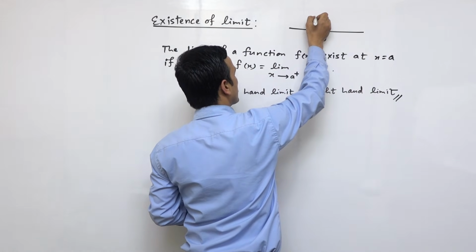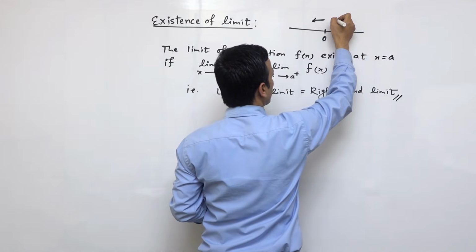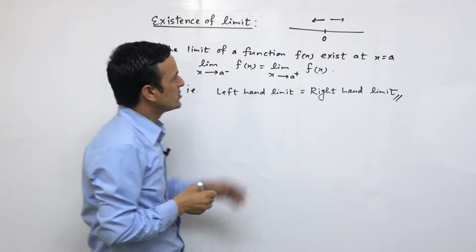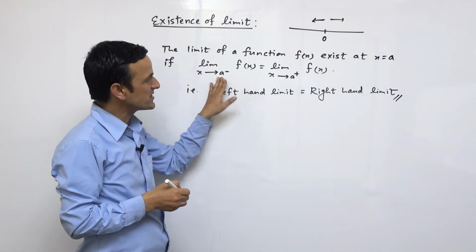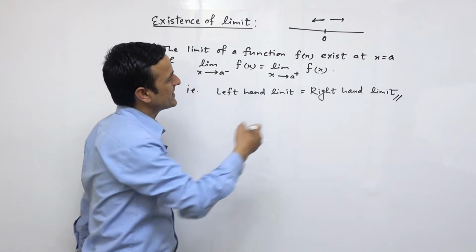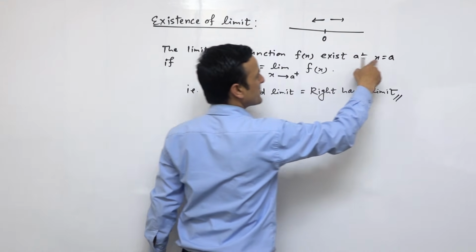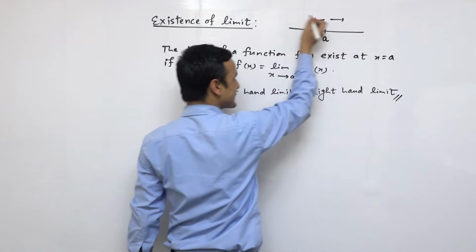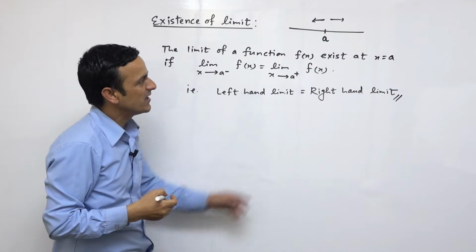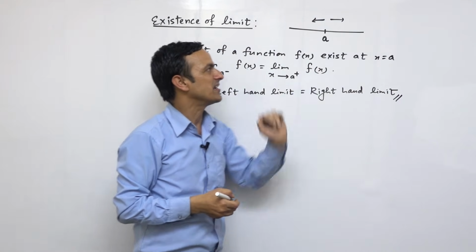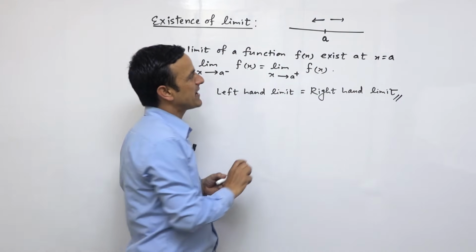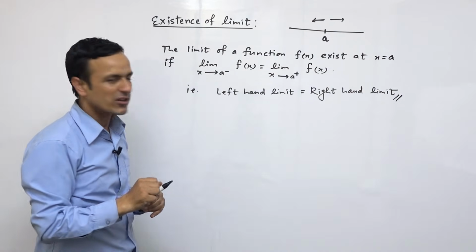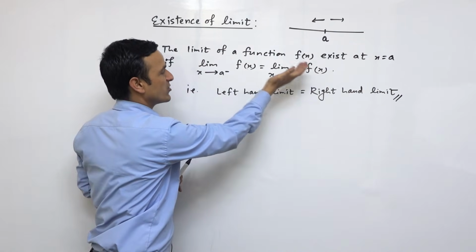So one value is taken from left side and another value is taken from right hand side from 0. 0 भन्दा लेस भ्यालु हाम्रो लेफ्ट ह्यान्ड साइडमा हुन्छ, 0 भन्दा ठूलो भ्यालु हाम्रो राइट ह्यान्ड साइडमा हुन्छ. यदि हाम्रो स्पेसिफाइड पोइन्ट 0 छ भने, यदि a छ भने it is written as a, and less than a means it is left hand limit, and more than a means it is right hand limit. So कुनै पनि फंक्सनको लिमिटिङ भ्यालु लेस देन a लिन्छौं कि ग्रेटर देन a लिन्छौं, त्यसको आधारमा अथवा डिरेक्सनको आधारमा हामी लेफ्ट र राइट गर्छौं.